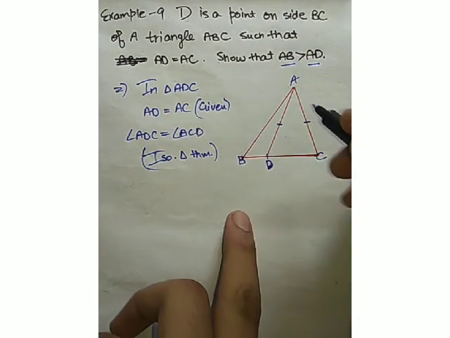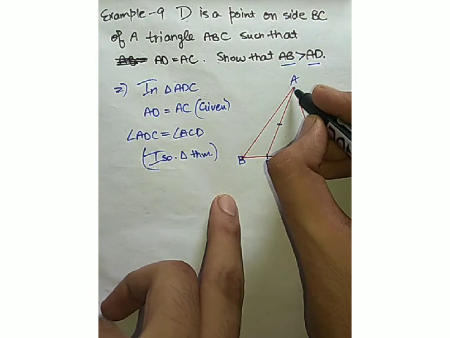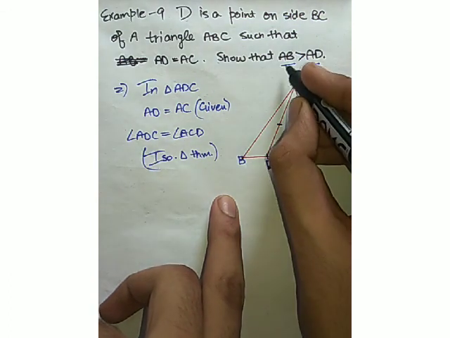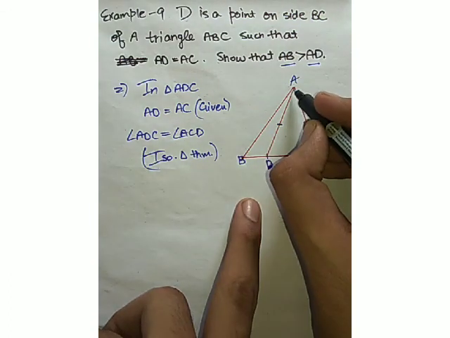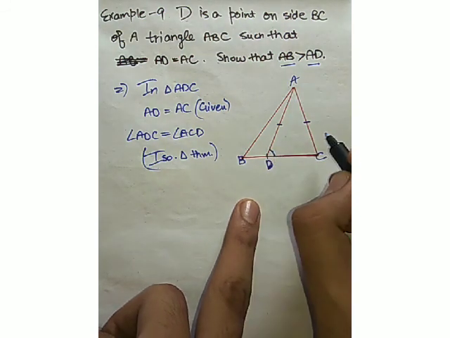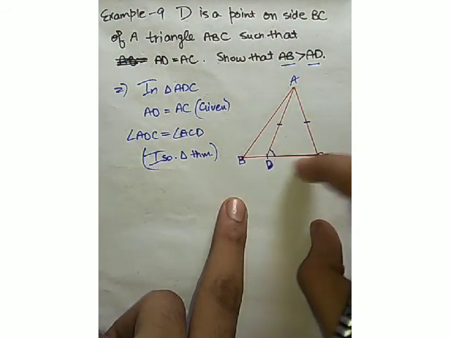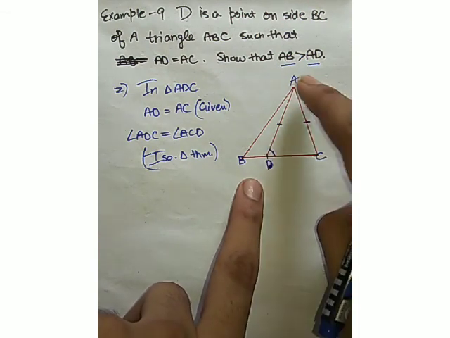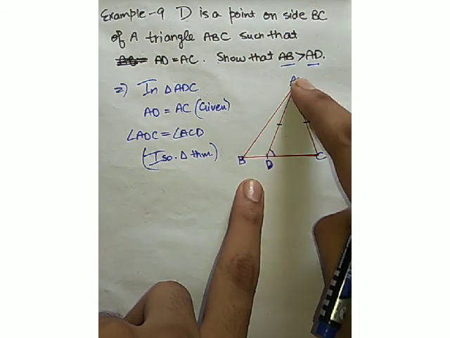Now you can clearly see that we have to consider the triangle ABD as we have to reach side AB. So for triangle ABD, what is ADC? That is an exterior angle, and you can clearly see that exterior angle ADC is greater than the angle ABD.